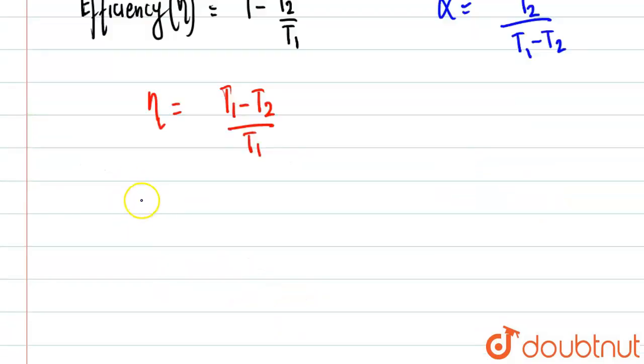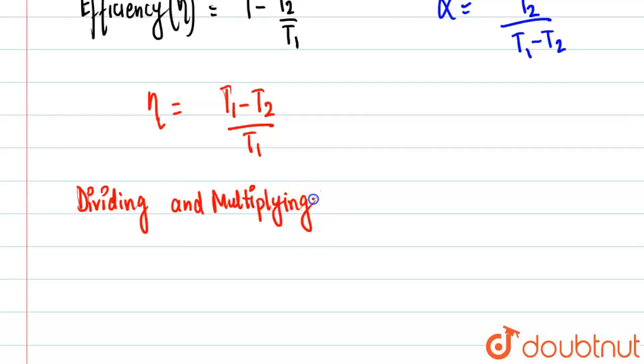So what we'll do now, we'll divide neta by dividing and multiplying by T1 minus T2.